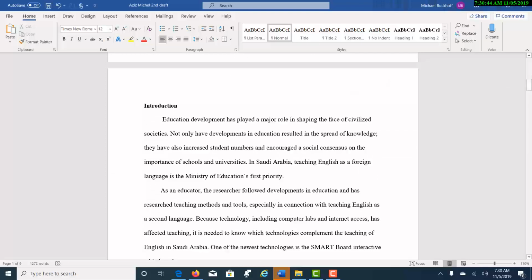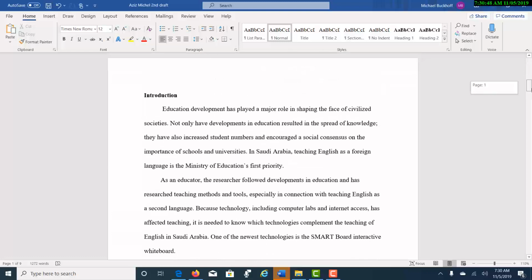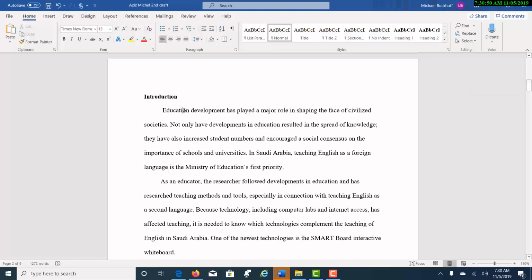So education. I'm going to be your writing center tutor. So education development has played a major role in shaping the face of civilized societies. So not only have the developments in education resulted in the spread of knowledge, right? In this case, you don't want to separate both of these sentences with a semicolon.